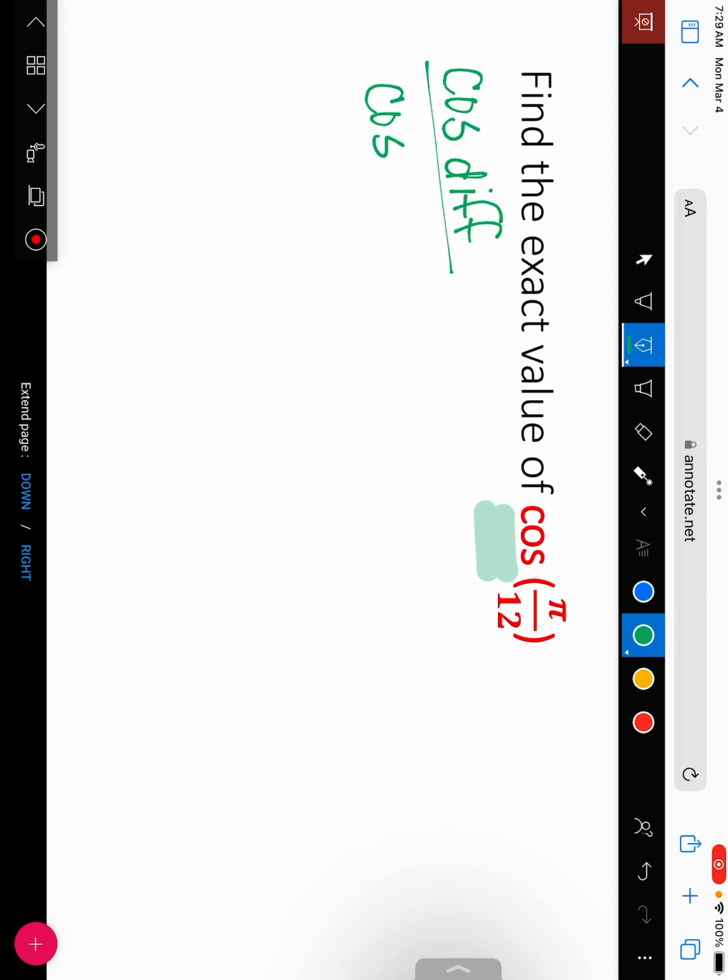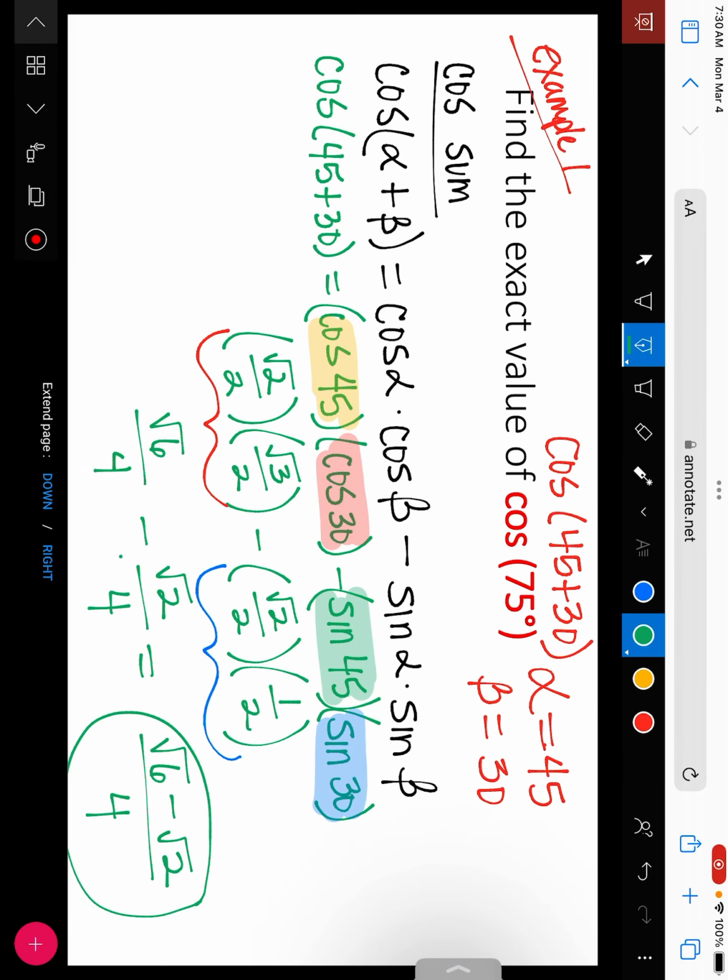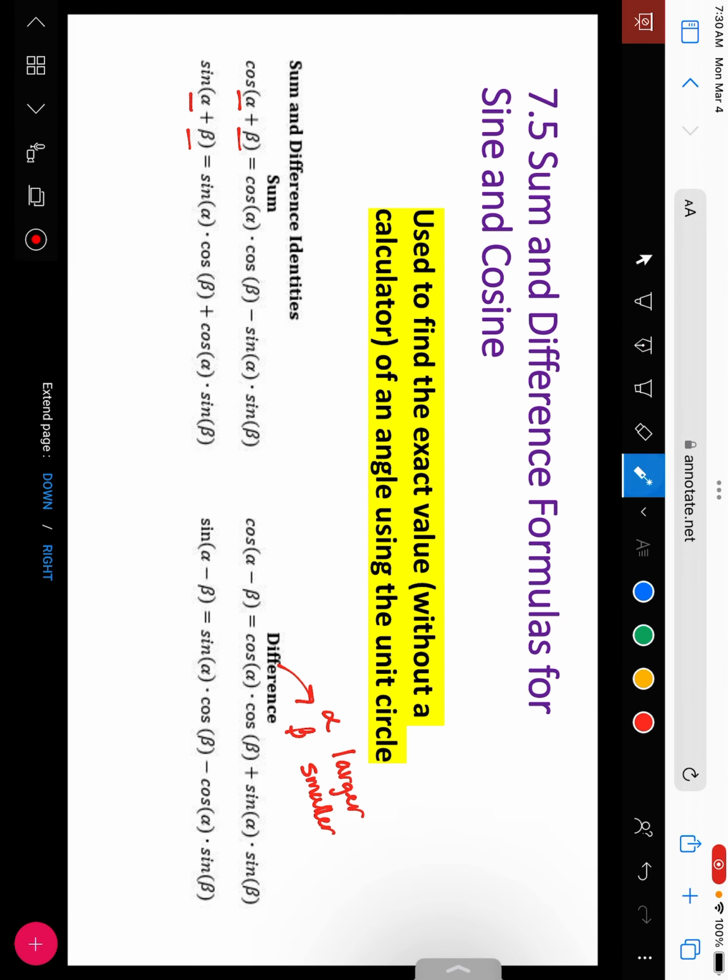So I'm going to take the cosine of pi over 4 minus pi over 6. So let's look at your formula. The cosine difference, let me go back. All right, that would be this formula here. It's that first one. Alpha is pi over 4 and beta is pi over 6.